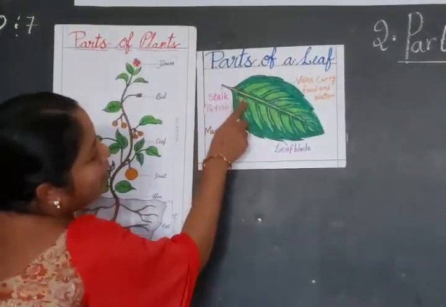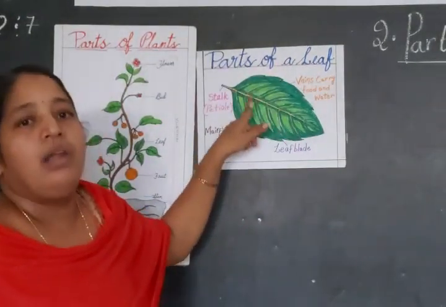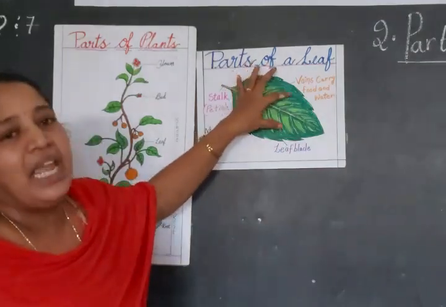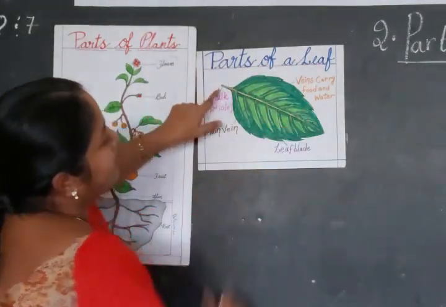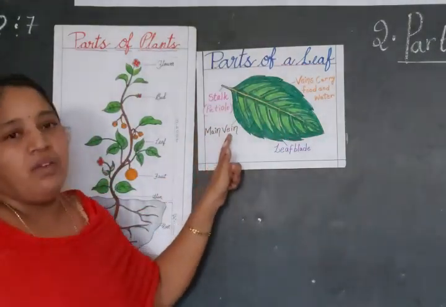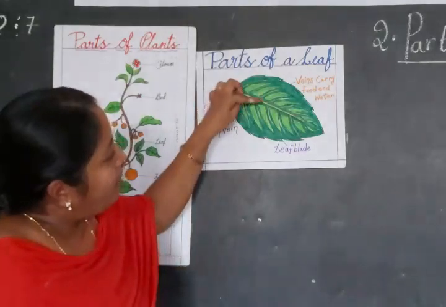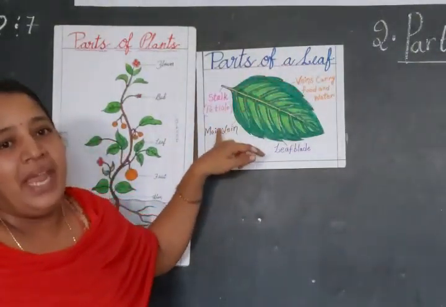And in the middle of the leaf, there is a line which divides the leaf into two halves. That line we call main vein. And from the main vein, small veins come out.